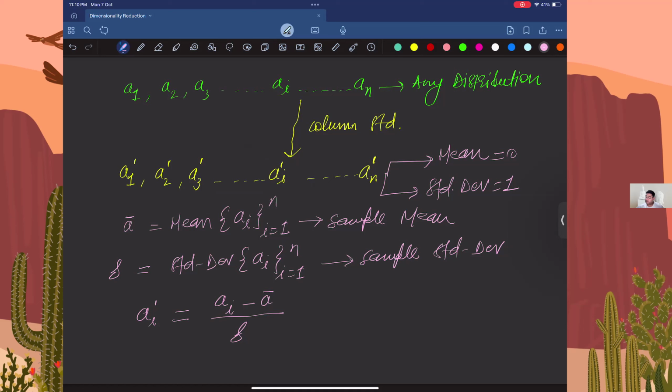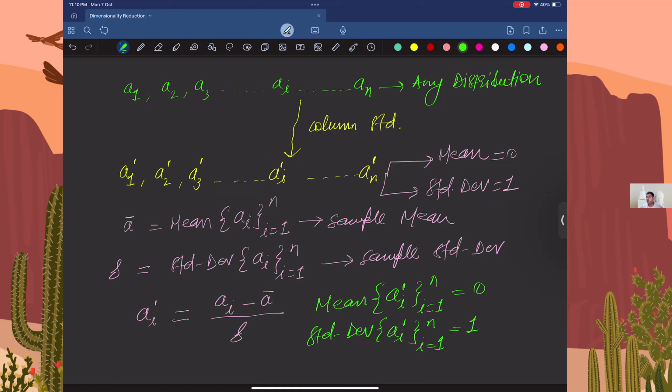It simply means the mean of A_i where i is equal to 1 till n, and the standard deviation of A_i where i is equal to 1 to n.